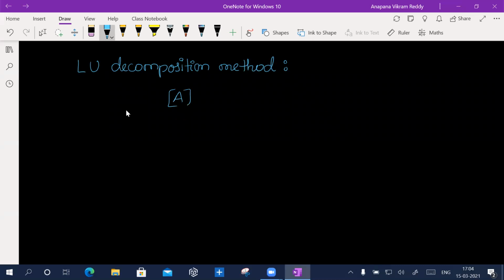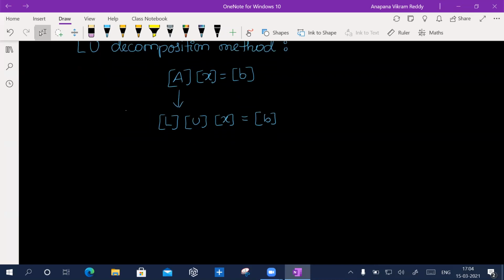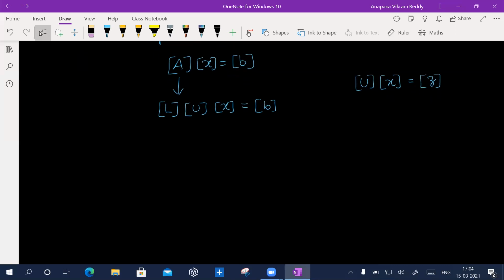So we have a system in the matrix form, Ax equal to B. Our goal is to decompose the coefficient matrix into L and U, so LUx equal to B. Then we assumed the upper triangular matrix multiplied by x equal to some Z vector, so Ux equal to Z. Therefore, now you have Lz equal to B. Matrix L is known to you, and B is already known.